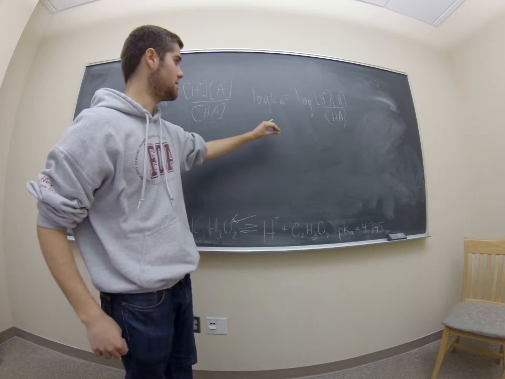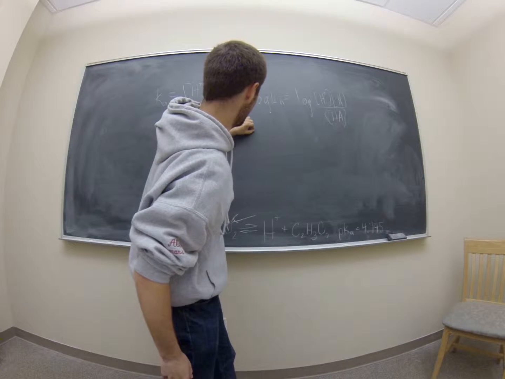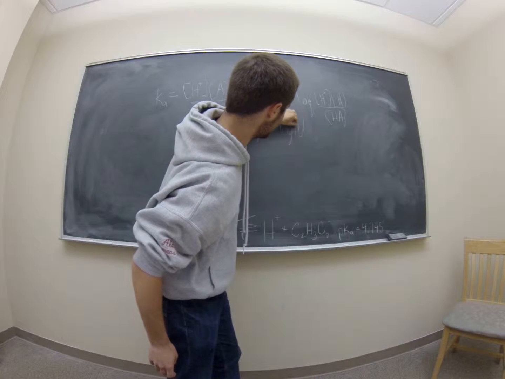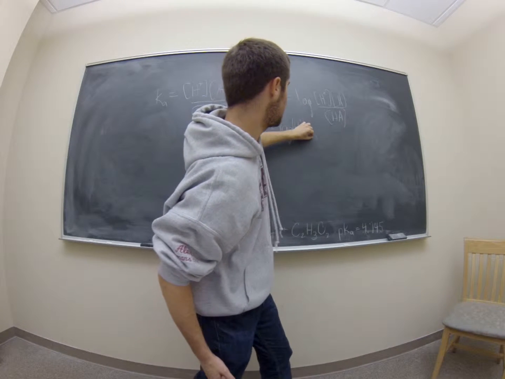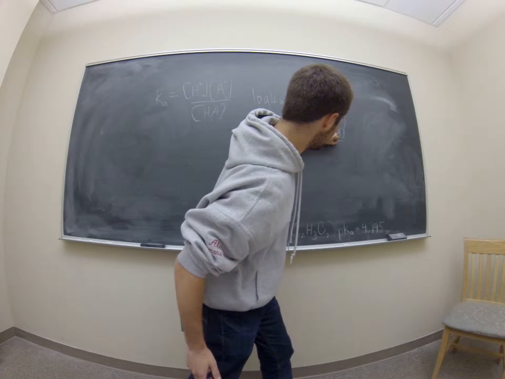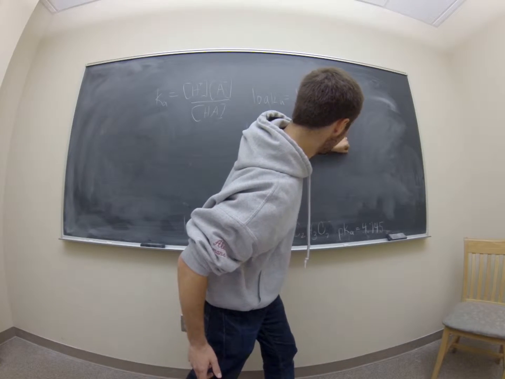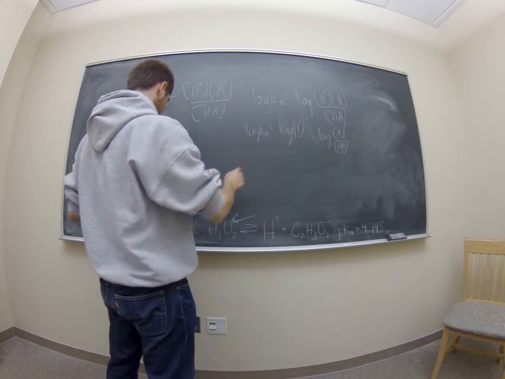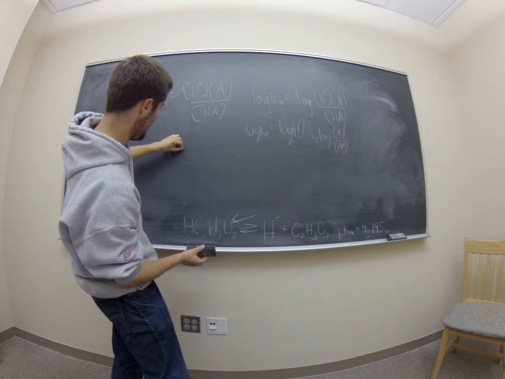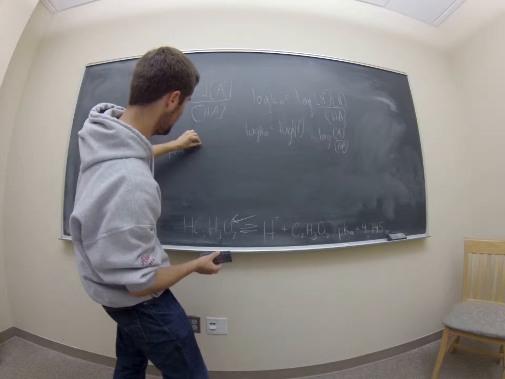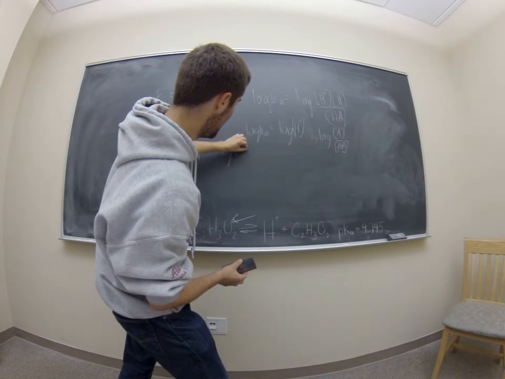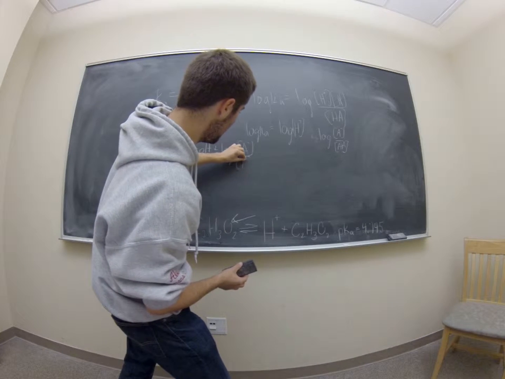Based on our properties of logs, we can break this up into the log of Ka equals the log of the concentration of H+ plus the log of the concentration of A- over the concentration of our acid. And what this becomes is negative pKa equals negative pH plus the log of A- over our acid.